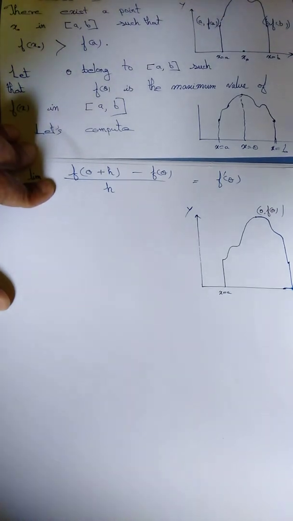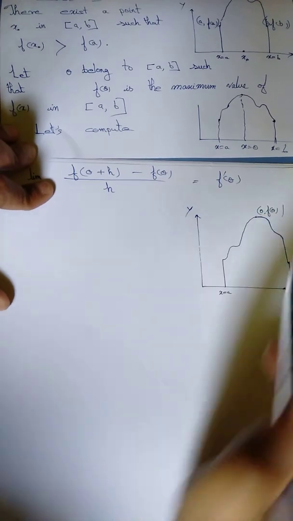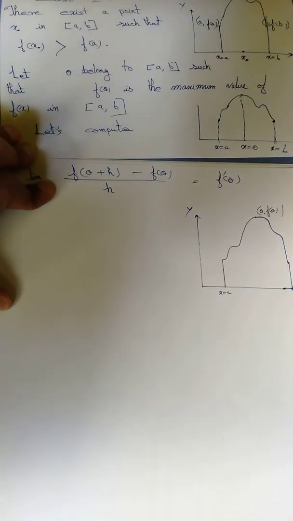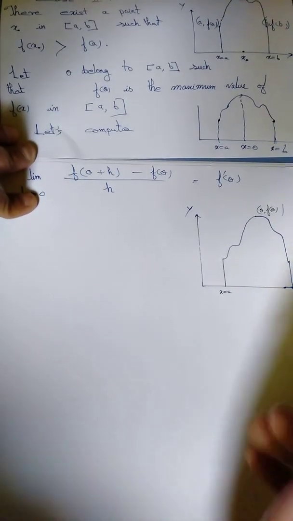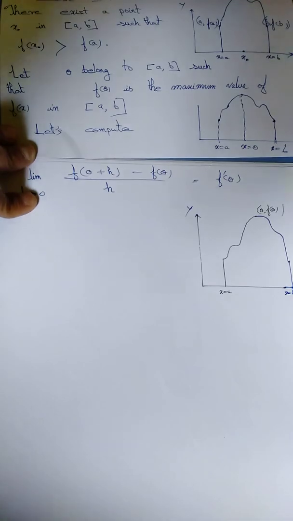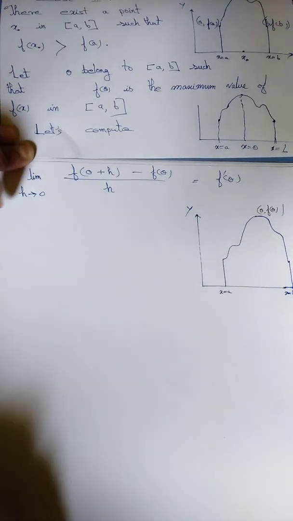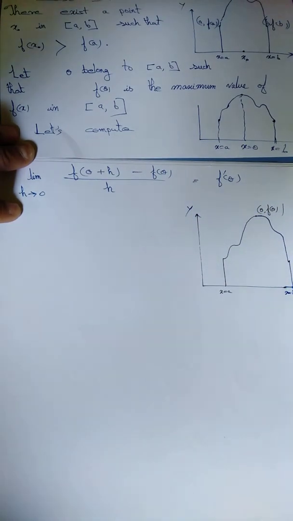And the second point is f theta must be at the greatest point, and f has to be continuous, obviously. x equal to a, x equal to b. Now if this limit exists, the theorem says the derivative exists, so this limit should exist.